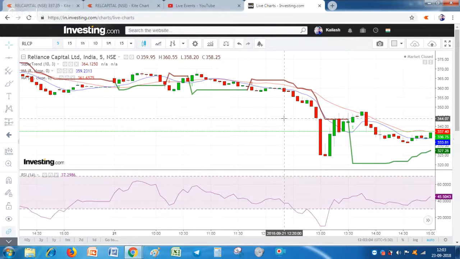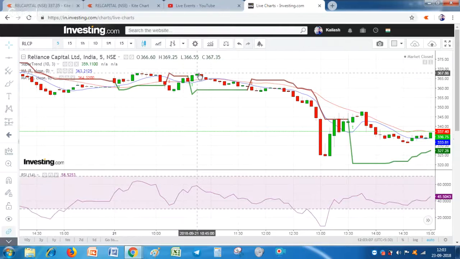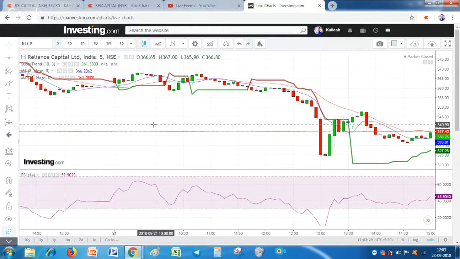Suppose there is a risk of, let us say, 5 points. And suppose we have to decide how much we can lose in a particular day or in a particular trade. Suppose we want to lose a maximum of 200 in this stock. So we should decide our quantity.